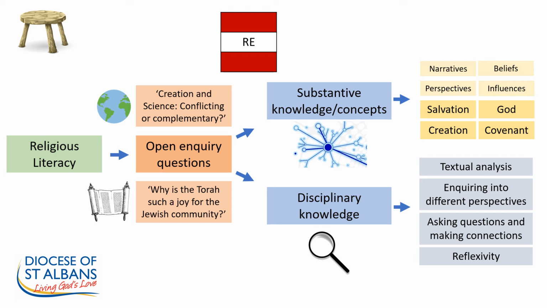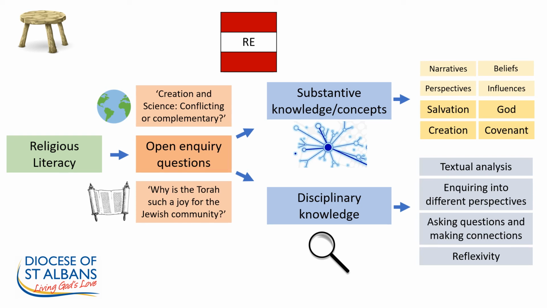But in terms of the disciplinary knowledge, what are the ways of inquiring and being theologians and sociologists and philosophers? It could certainly include aspects of textual analysis and how the questions asked as a philosopher and as a theologian differ from that of a historian, which we'll look at on the next slide.